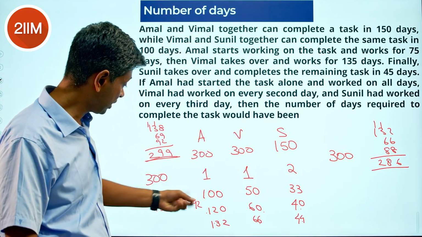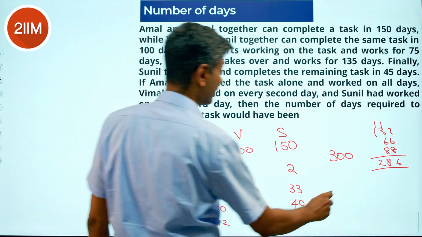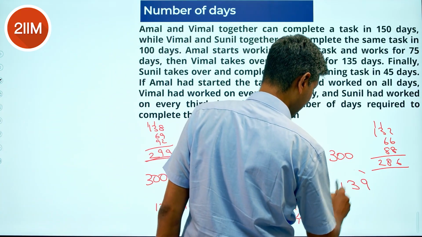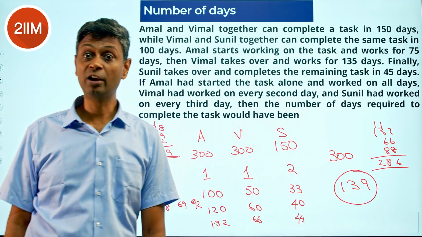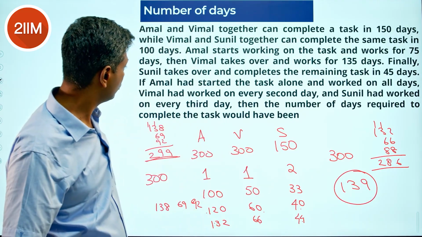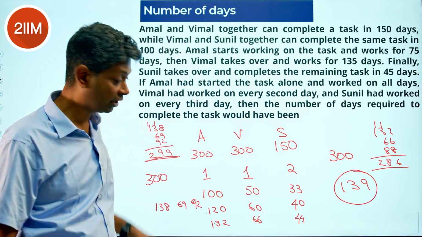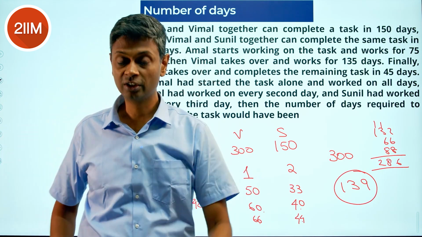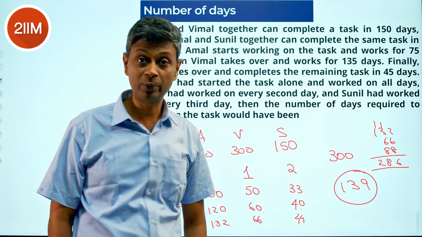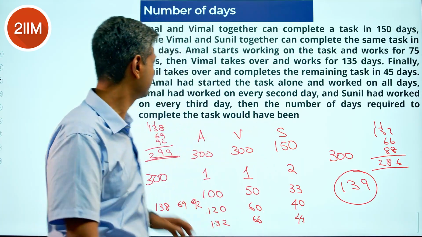Exactly 69 would have worked, exactly 92 would work, which takes us to 299. So they should have worked for 139 days, the 139th day being the day on which only Amal works, and Vimal and Sunil don't turn up on that day. So 139 plus 69 plus 92 will be exactly 300. Brilliant. What seems like a seemingly easy question is not. You have to struggle through it and then do it step by step.